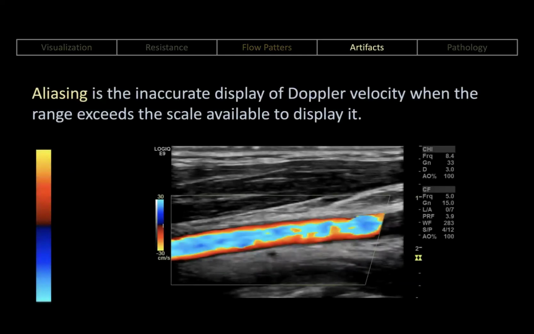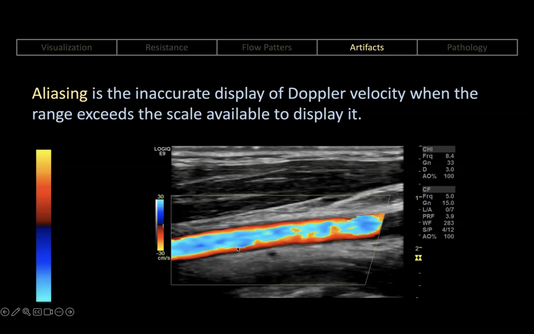So let's go over some artifacts that are important for understanding what's going on within vessels. Aliasing is one of the most important artifacts to identify. Aliasing is basically the inaccurate display of Doppler velocity when the range exceeds the scale available to display it. So for example, in this particular image, blood is flowing towards the left, and so we should see everything going in one particular color.